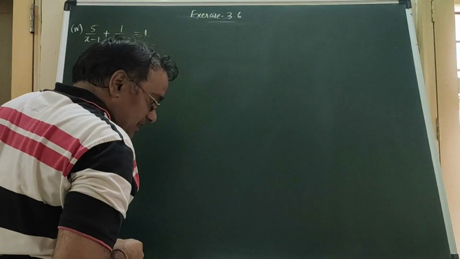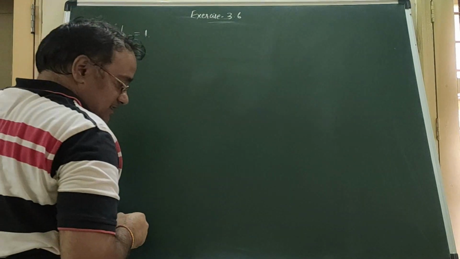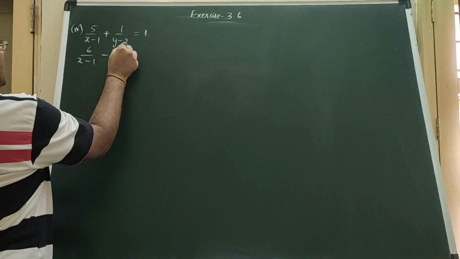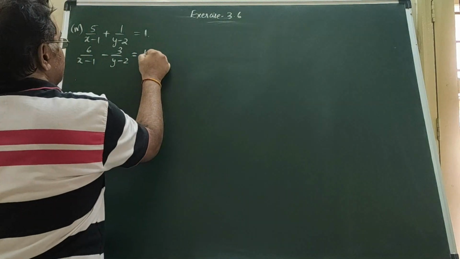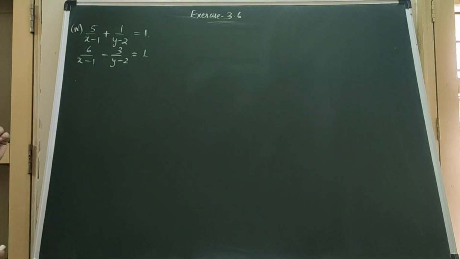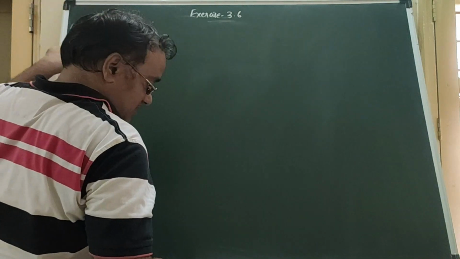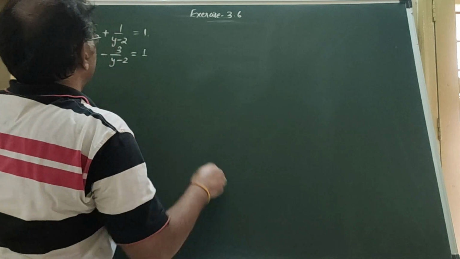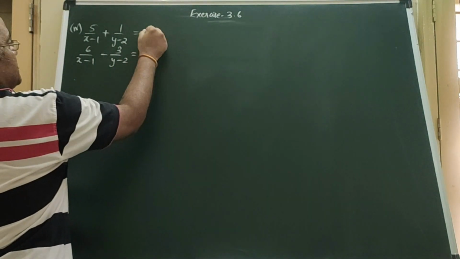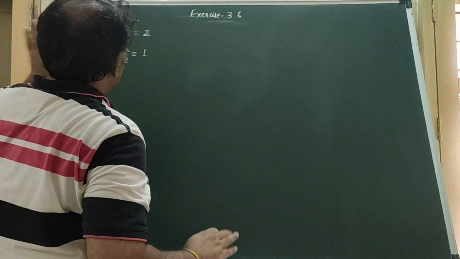And the second equation is 6 upon x minus 1 plus, minus 3 upon y minus 2 is equals to 1. So what we will do, 5 upon x minus 1 plus 1 upon y minus 2 is equals to 2. ये इक्वेशन थोड़ा गड़बड़ हो गया. And 6 upon x minus 1 is equal, ये ठीक है.